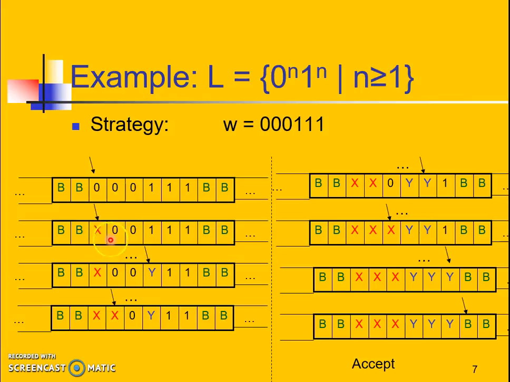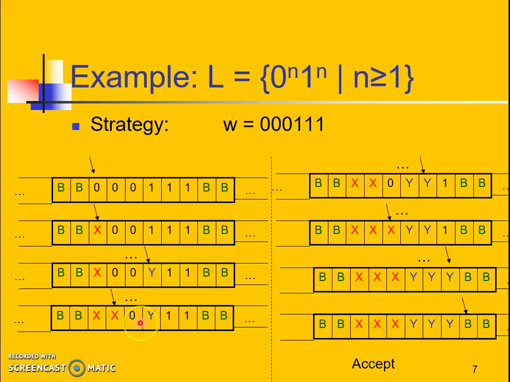When it is in q1, if it encounters 0, the 0 is replaced with 0, and the machine moves right. Whenever it encounters 1, 1 is replaced with Y, and the q1 state changes to q2, and it moves left.